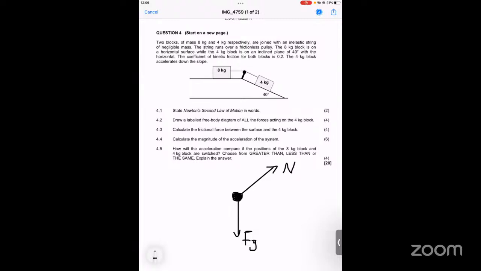It only exists if there are 2 objects connected by a string. So there will definitely be a tension. And how will that tension be? The direction of the rope. The rope is going. So it will be saying that direction, then we'll say tension. Okay.